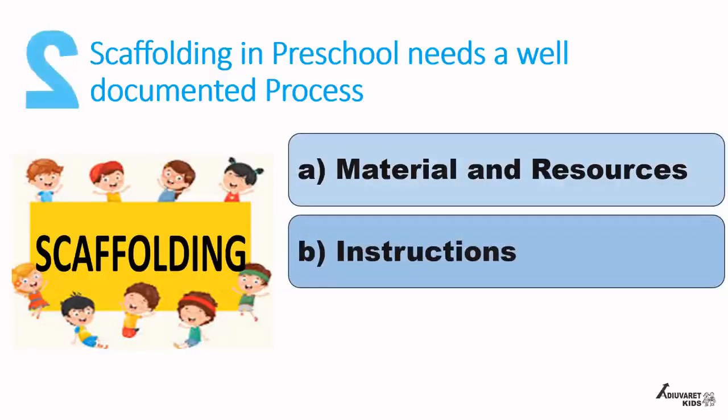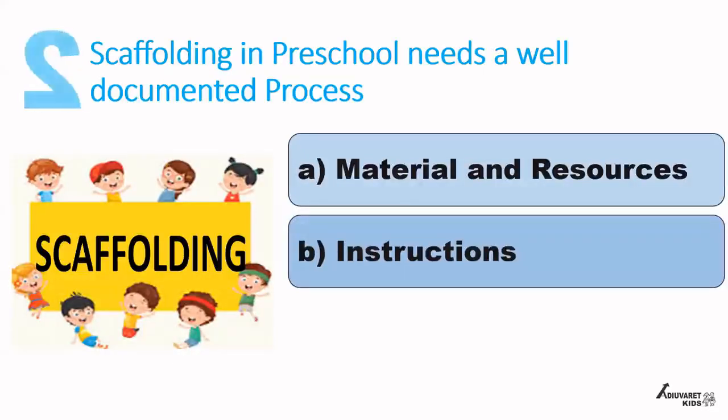Second and most important is instruction. When the material and resources are there in the school, there must be a very structured way of giving instruction to different children in their different age groups. If you recall the dictionary meaning of scaffolding, it is a temporary structure built to construct the next level of a building.